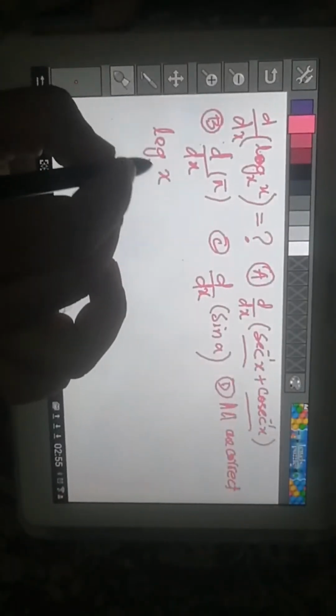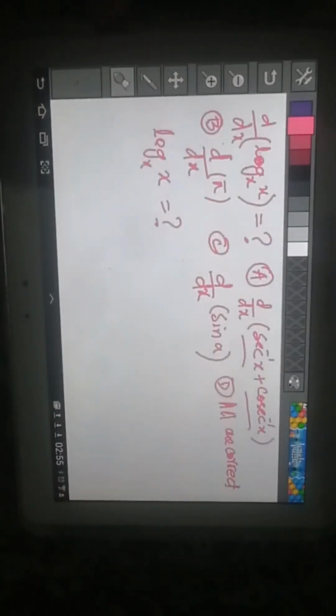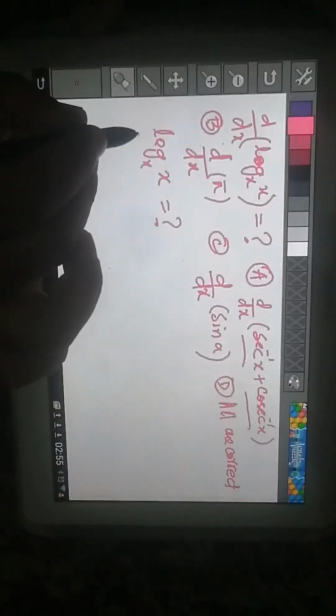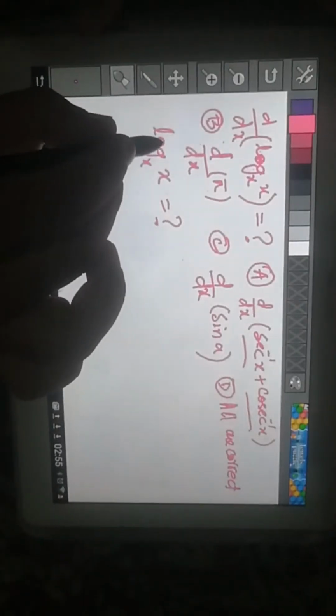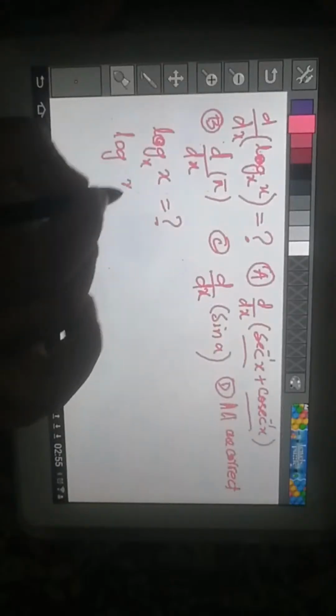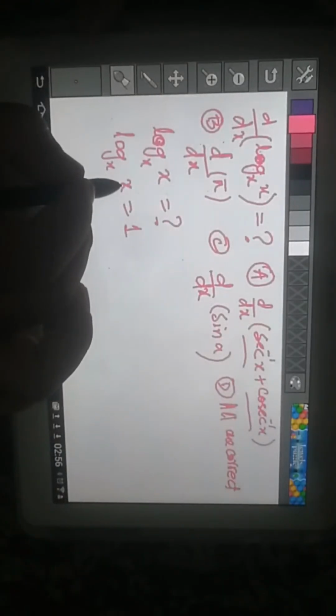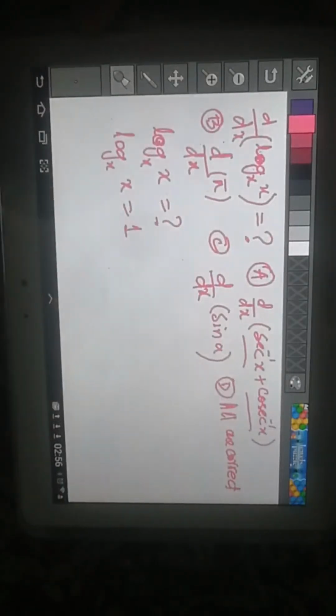look, log of x to the base x, what is it equal to? If you know the basics of the logarithmic function, its value is equal to 1. Why 1? When the base and the value on which the log applies are the same, then it is equal to 1.